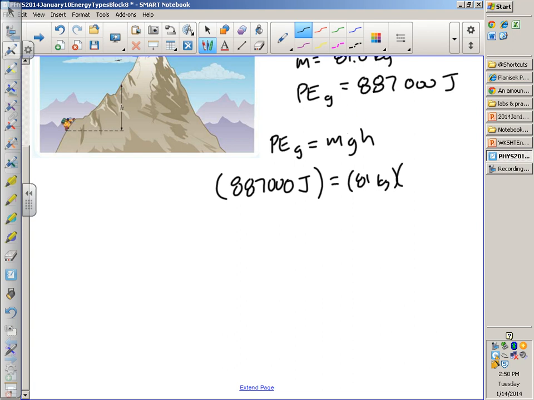We said that g here on Earth is 9.81 meters per second squared. And then that leaves us just with h. So you can calculate h here.